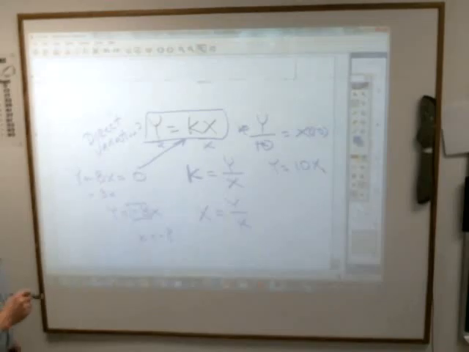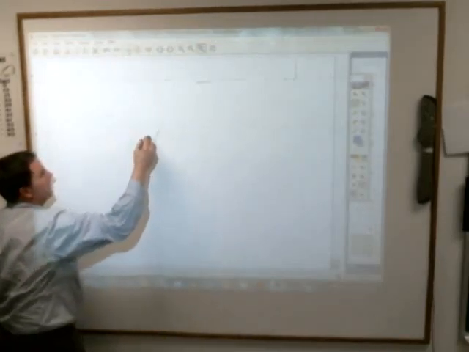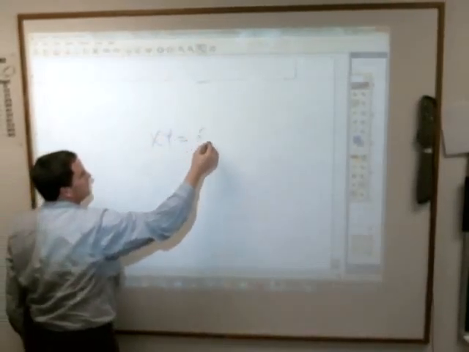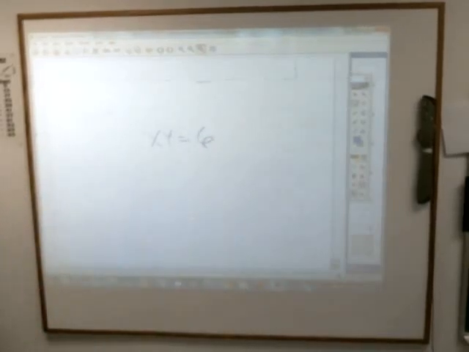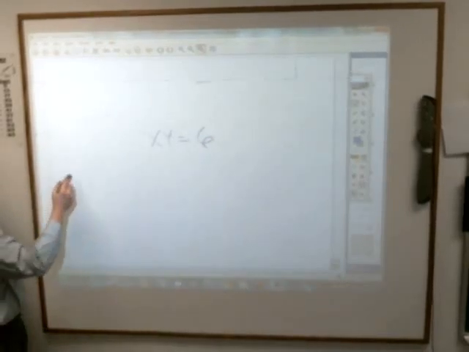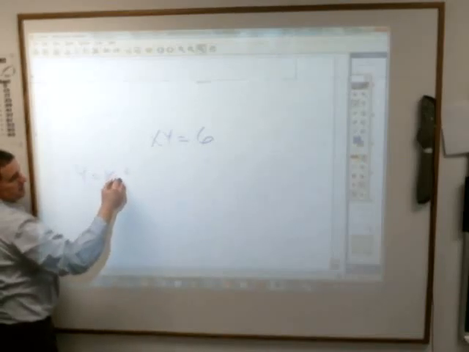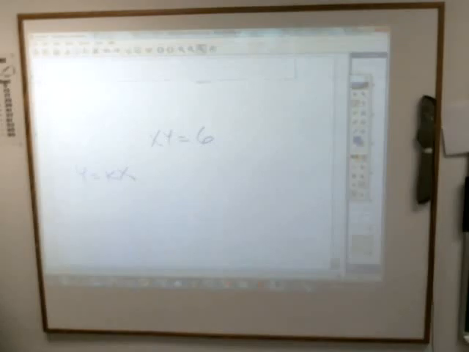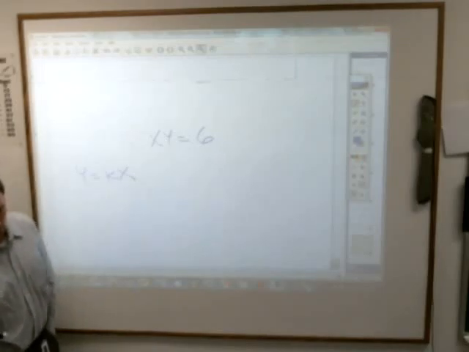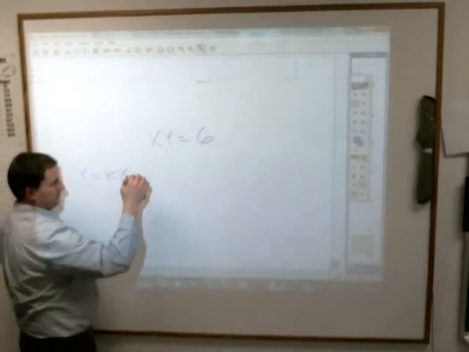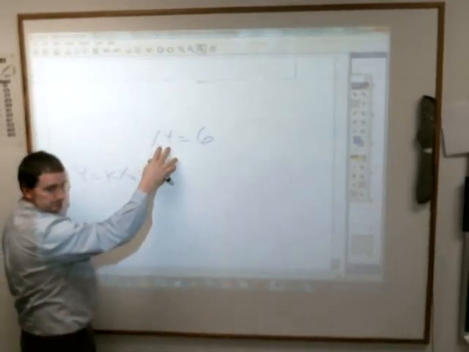How about this one? X times y equals 6. Can you solve that so that it looks like y equals some constant times x? If I'm solving this for y, what do I have to do?